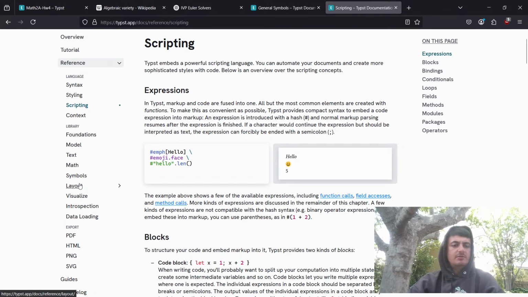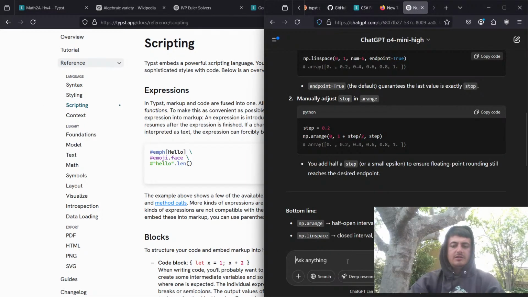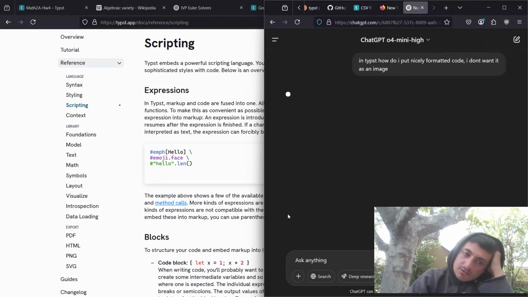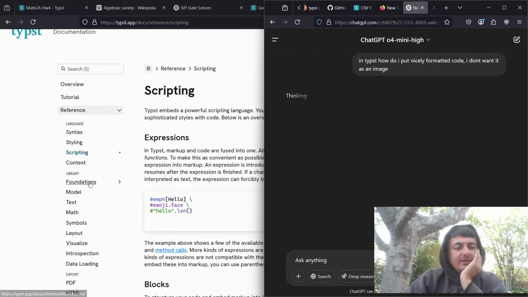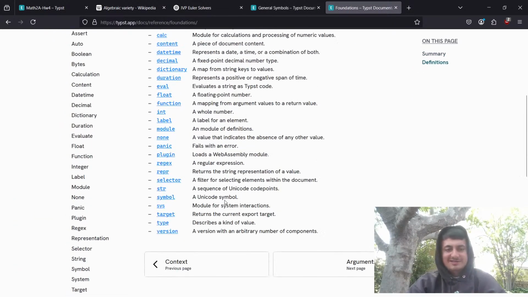Math, symbol, layout. I should read the foundations page, but I'm definitely not doing that. In Typst, how do I put nicely formatted code? Let's read this foundations. Never mind. I'm not reading.